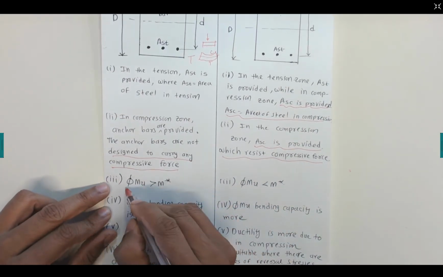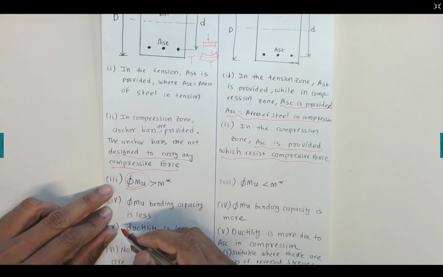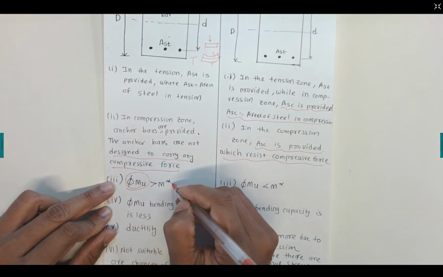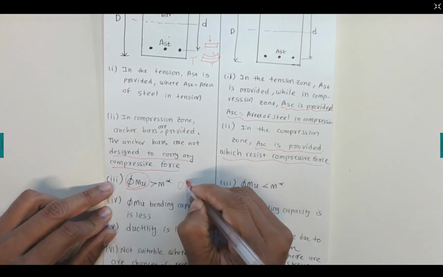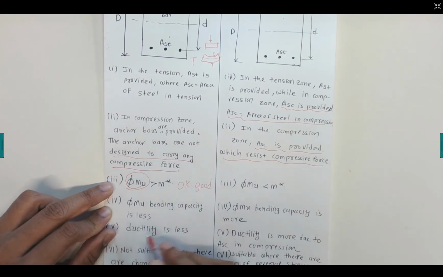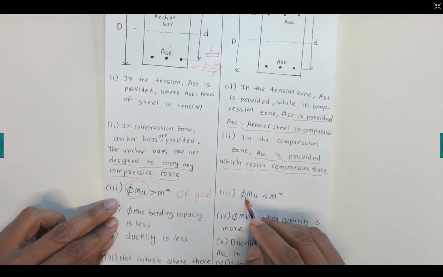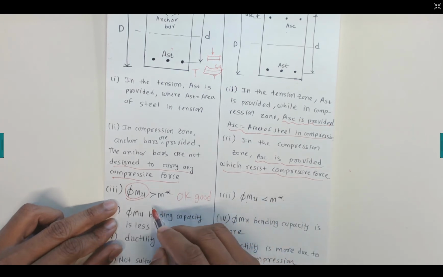For the singly reinforced case, the capacity of the beam is greater than M star, so that is okay. This case generally applies when the condition is reversed.